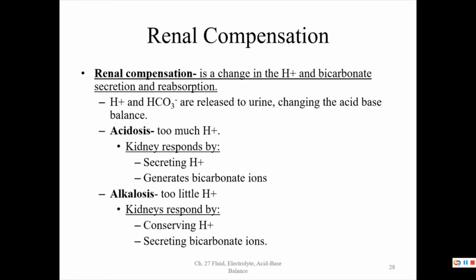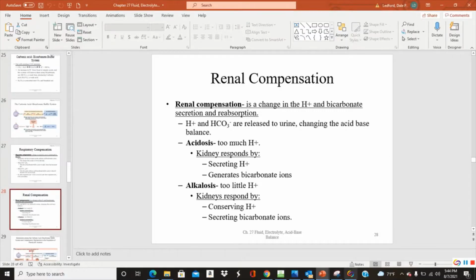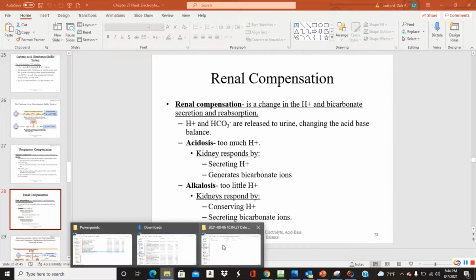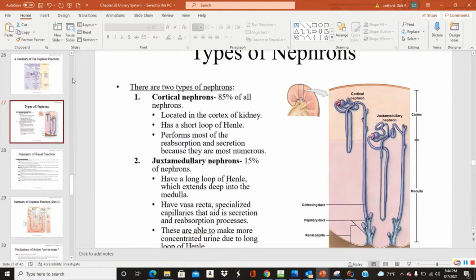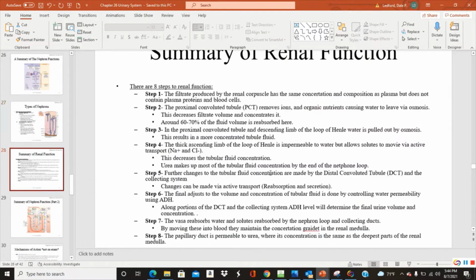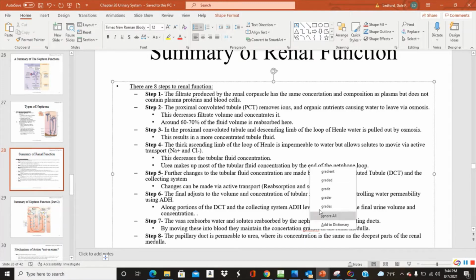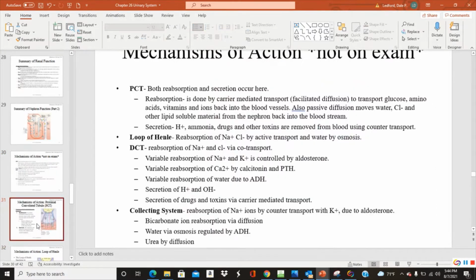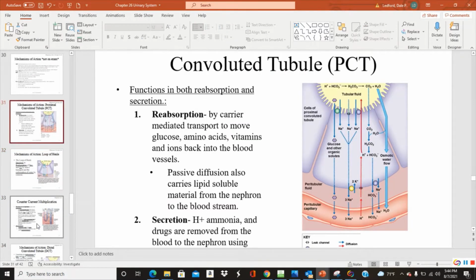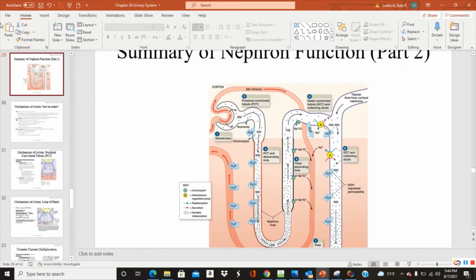If you look in my notes dealing with the urinary system, we talk about urine formation, and in one of the slides, we discuss bicarbonate being adjusted at different places. So just reminding you guys of that.